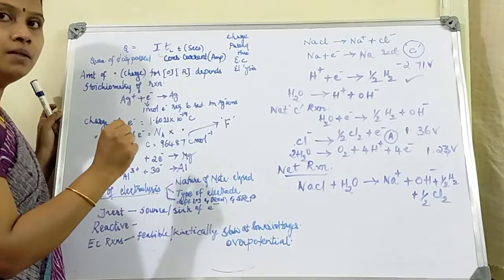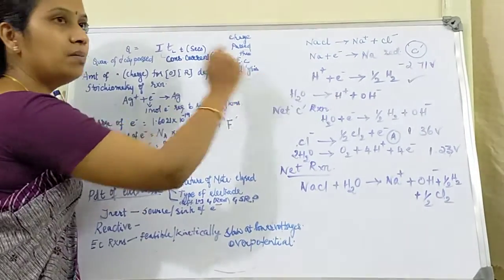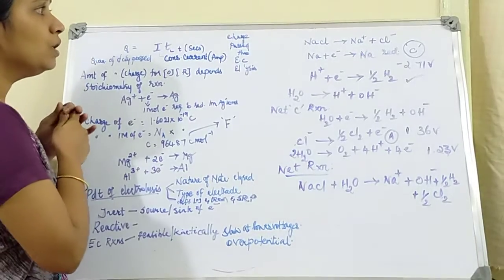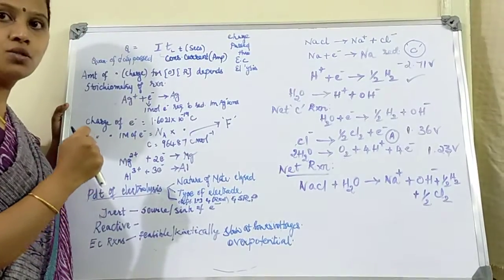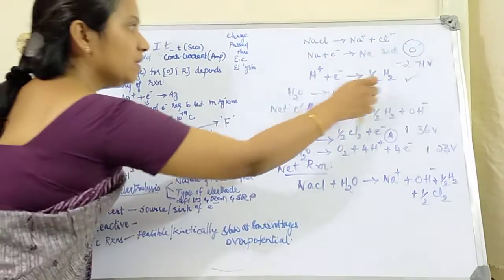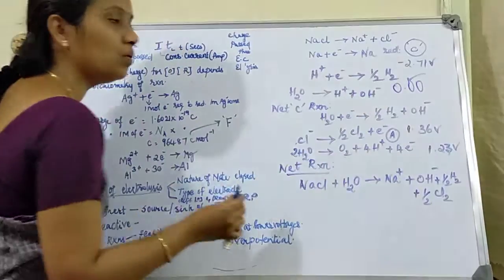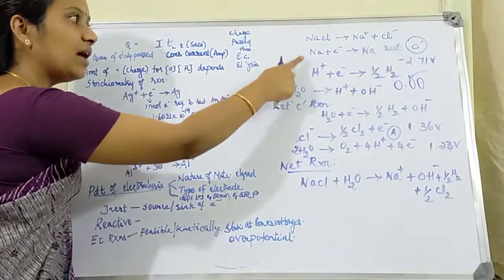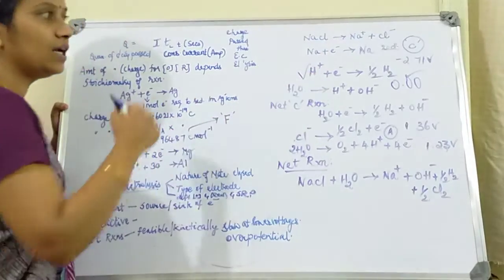A reaction whose electrode potential is more, that reaction will be preferred. Now, for this reaction, what is the electrode potential? It is -2.71. For this reaction, the electrode potential is 0.00. So, which reaction is having higher electrode potential? This reaction is having higher electrode potential.